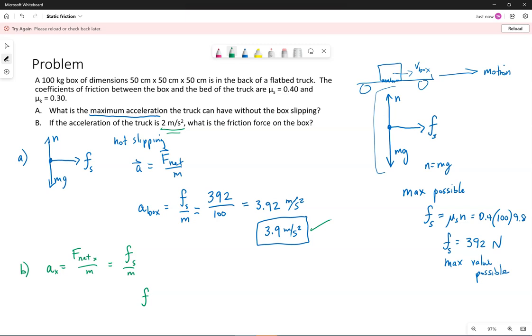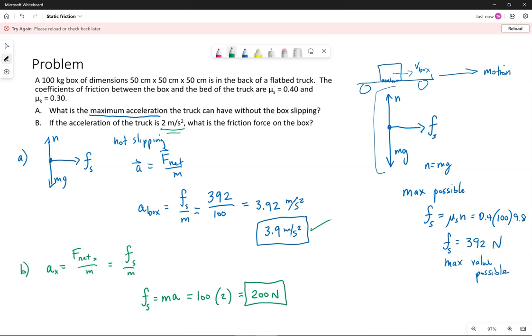We can say the force of static friction on the box needs to equal the mass of the box times the acceleration the box has. So since 2 meters per second squared is smaller than 3.9 meters per second squared, we know the box is not going to slide. The force of static friction is just going to be the mass of the box times this acceleration, so 200 newtons.